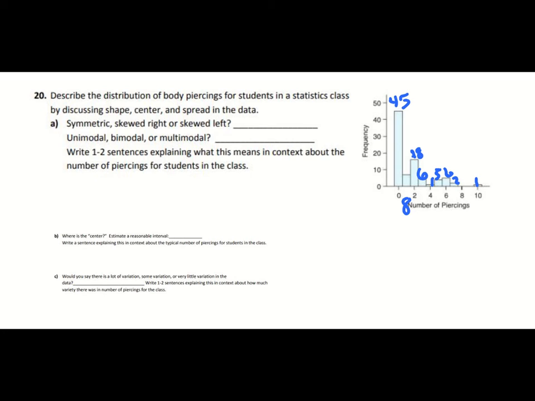Okay. So it says, is this symmetric, skewed left or skewed right? And so if I kind of put a graph on this, this is skewed right. I'm going to say that this is unimodal. Write 1 to 2 sentences explaining what this means in the context about the number of piercings for the students in the class. We'll skip that part for right now.